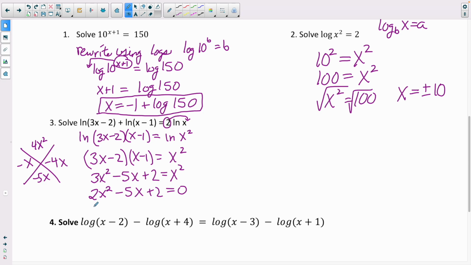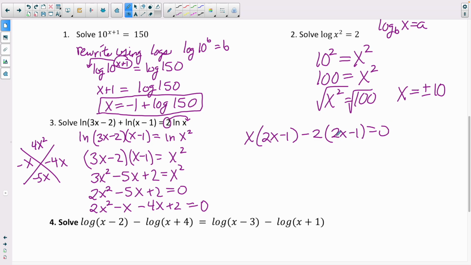So I'm going to get 2x squared minus x minus 4x plus 2 equals 0. I'm going to factor by grouping now. I'm going to get x times 2x minus 1, minus 2 times 2x minus 1 equals 0. And now I can factor out my 2x minus 1. So my two solutions are x equals 1/2 and x equals 2.